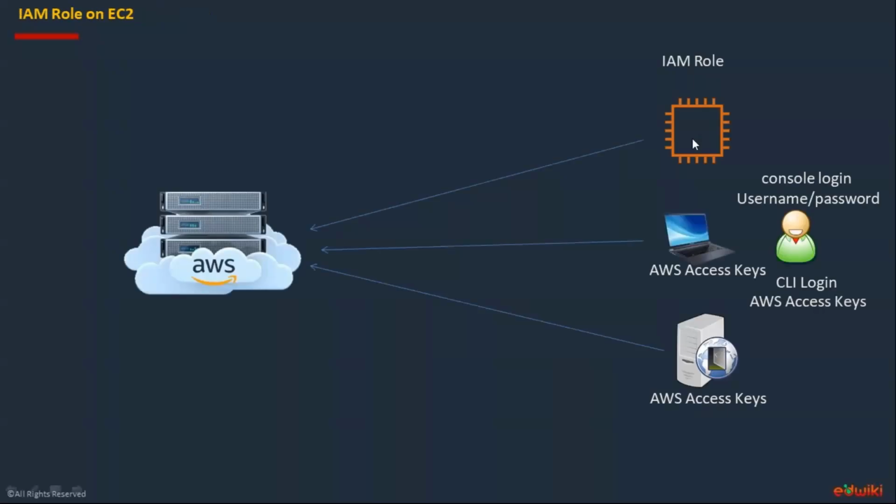The role will grant the same permission that you were expecting with the access key, secret access key. The IAM role is the recommended way to grant permission to AWS resources to access AWS.